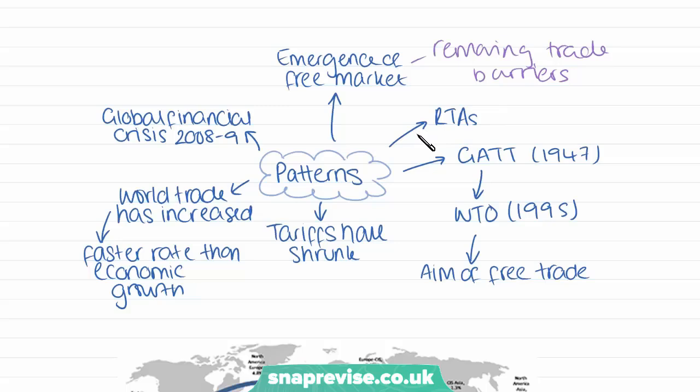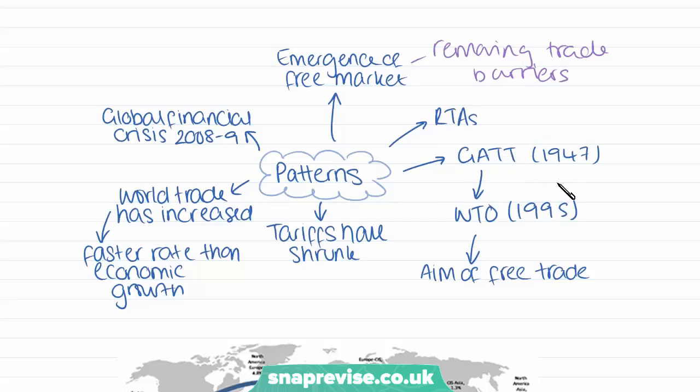And along with this, with an increase in mobility and improvements in production, regional trade agreements emerged, and the global trade framework was also strengthened by what was called the GATT, which was established in 1947, which stands for the General Agreement on Tariffs and Trade.